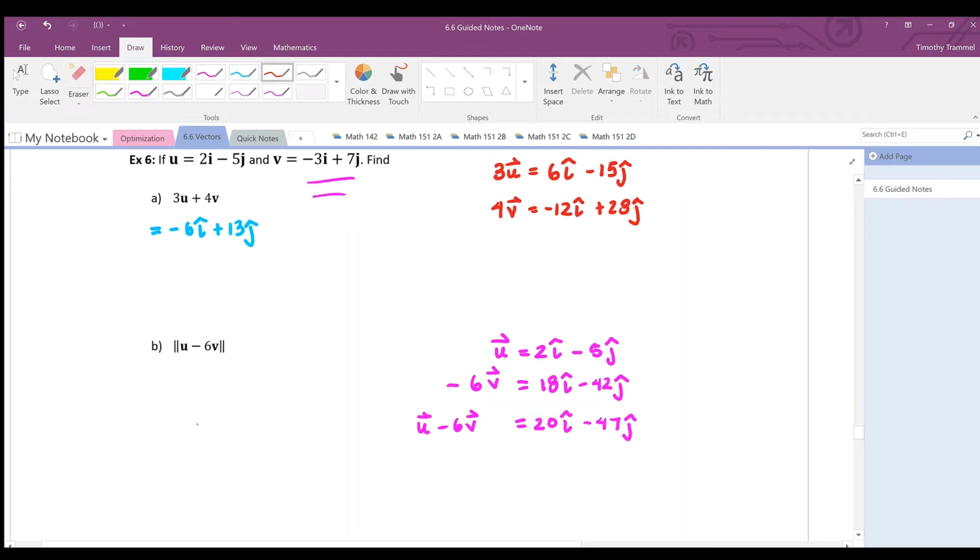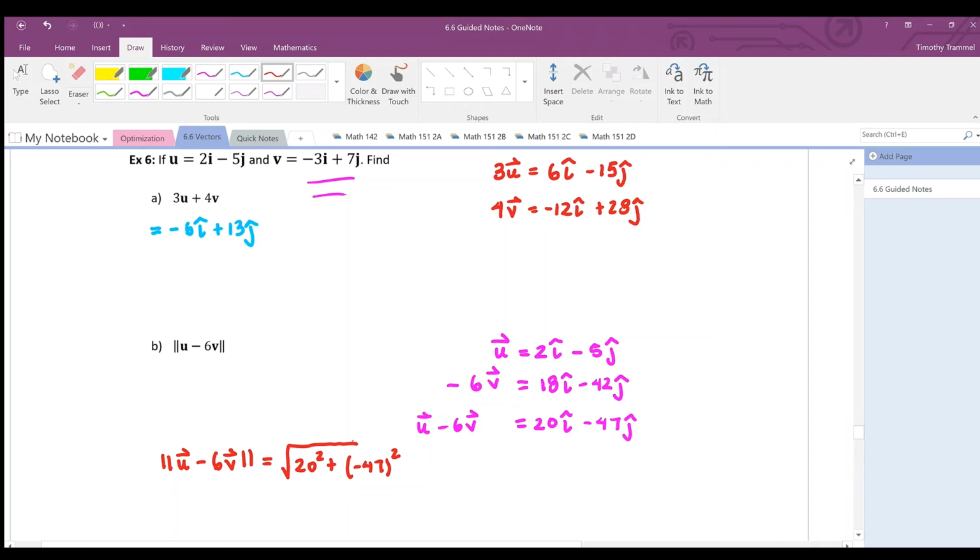All right, now we can find the magnitude of u minus 6v because we found the vector u minus 6v. This should be equal to the square root of 20 squared plus negative 47 squared.